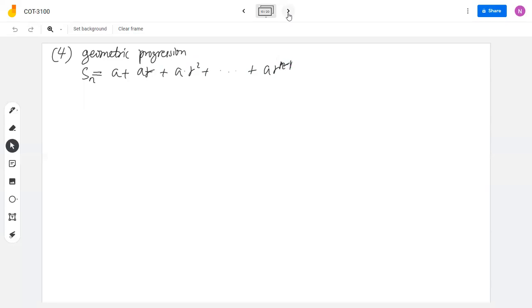We are going to use a similar trick, but this time it's a little bit different. We multiply the sum Sn by r, r times Sn. What do we get?